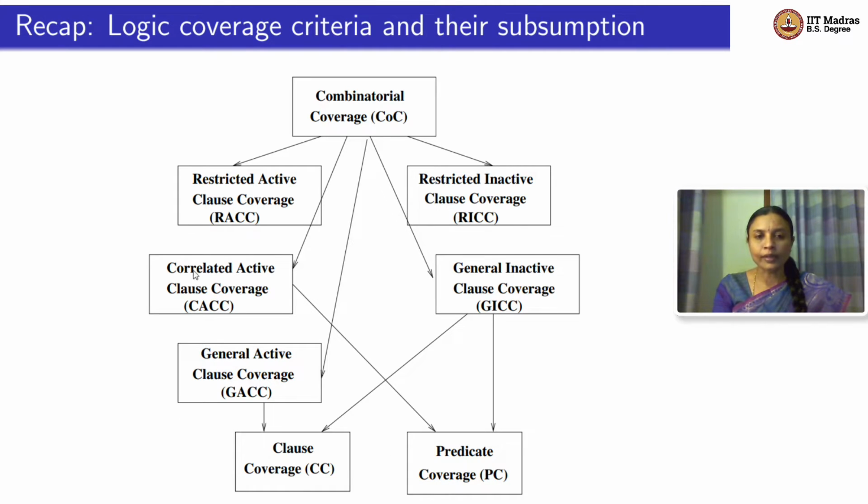On the left hand side we have active clause coverage criteria, 3 kinds, which exercise each clause in turn to be the major clause and write test requirements for the clause to determine the predicate while imposing restrictions on the minor clauses values. On the right side we have inactive clause coverage criteria, which basically says as a test requirement that the clause chosen as the major clause does not determine the predicate.